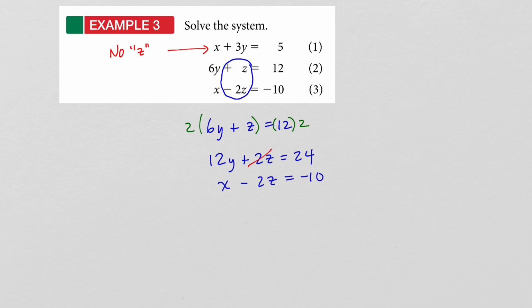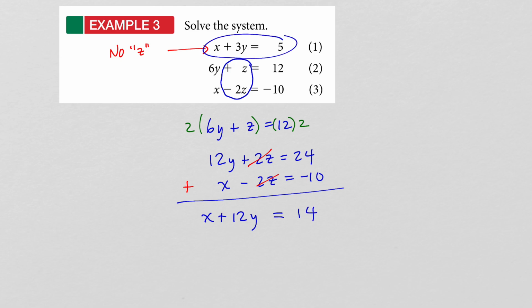And now you can see that if we add these 2 equations together, we're going to get cancellation here. And then what we have left over is 12y plus x, which can be written as x plus 12y, is equal to 14.